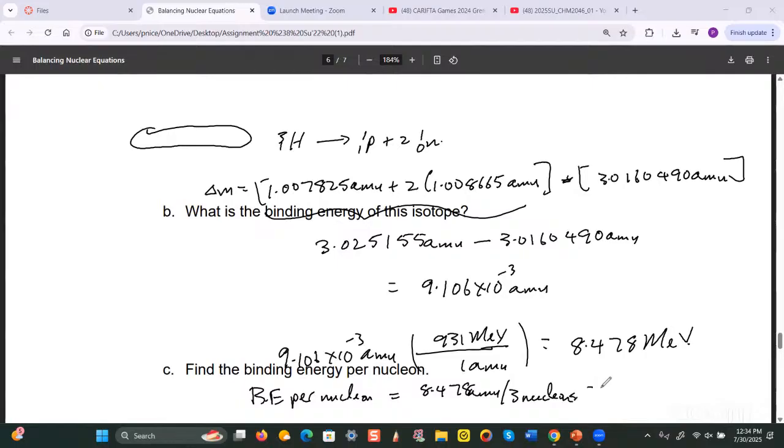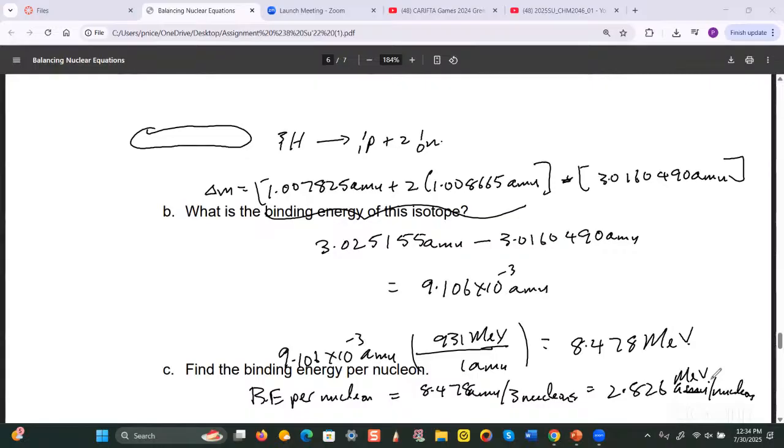And that is equal to, so 8.478 divided by 3. I got, rounded off to 3 sig figs, 2.826 AMU per nucleon. Would it be MeV? Hmm? Instead of AMU, it'd be mega electron volts. I'm sorry, mega electron volts. Yeah, you're right. My bad. Okay, and that is done.